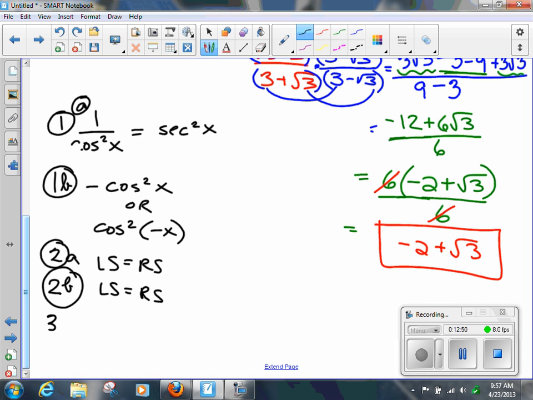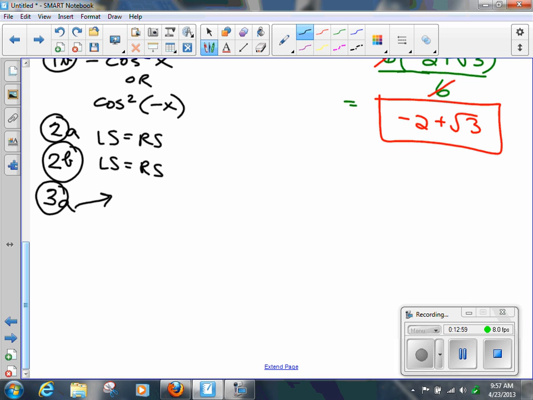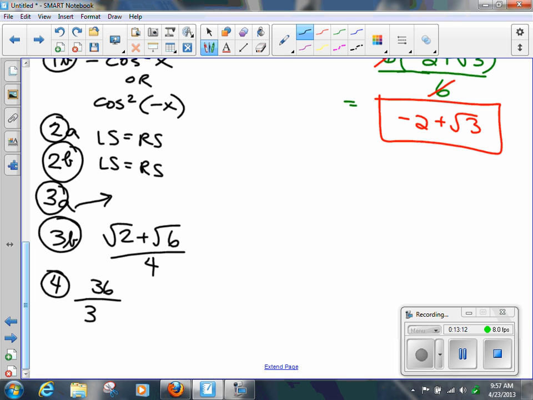3, I just solved that one, which is over there. That was 3A. Okay. 3B is root 2 plus root 6 over plain old 4. Number 4 is 36 over 325.